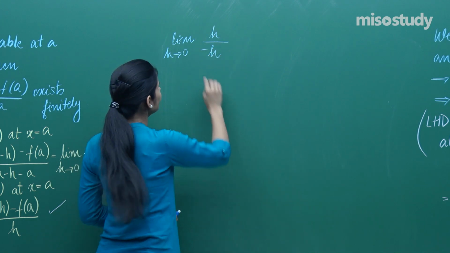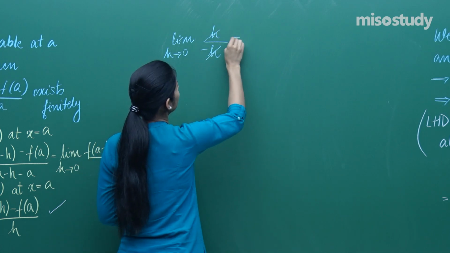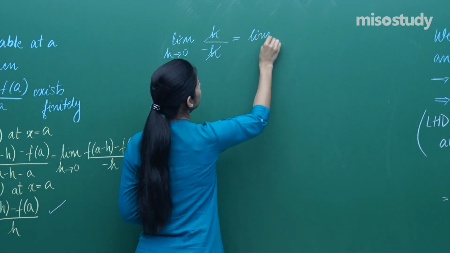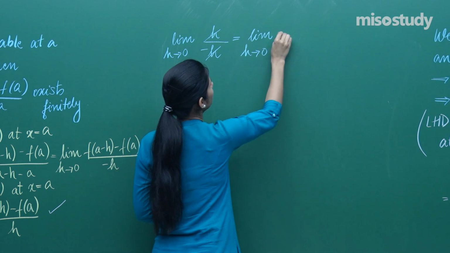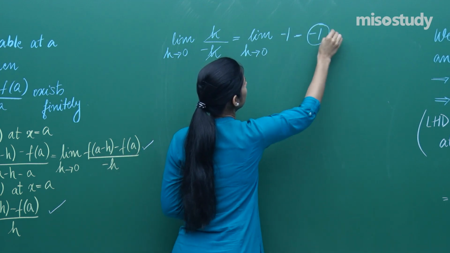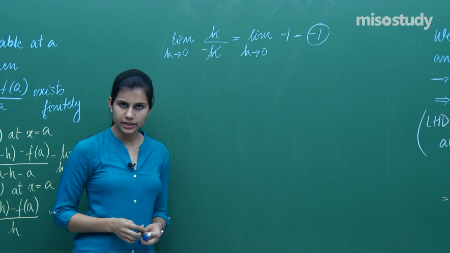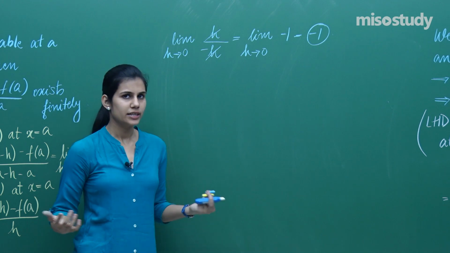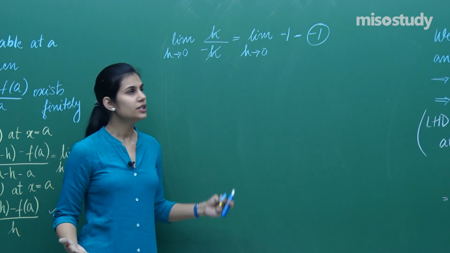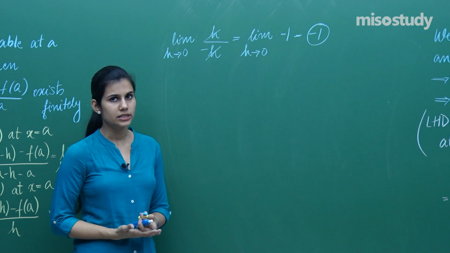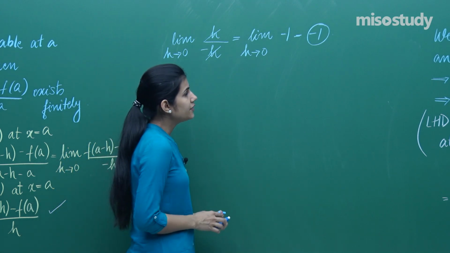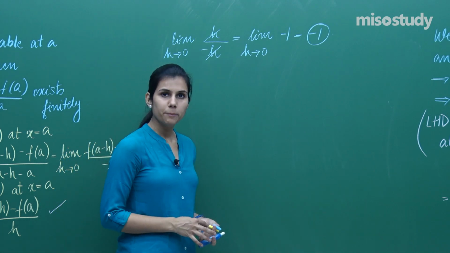Because h is positive, I can cancel these h and I am going to be left with limit h tends to 0 of minus 1, which is minus 1, because a constant function is continuous. The limit of a constant function at any point is the same constant, which is minus 1. So the left hand derivative of f at 0 is coming out to be minus 1.